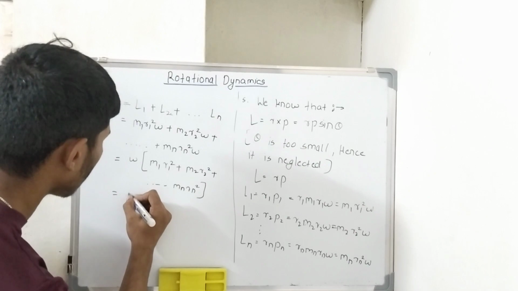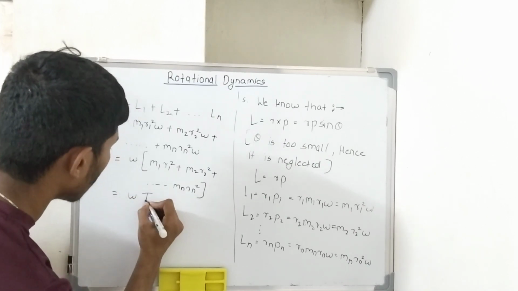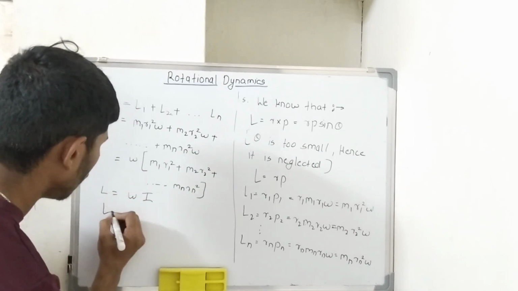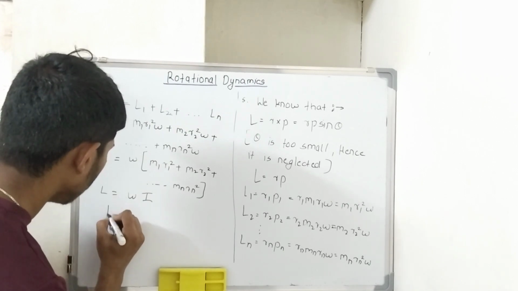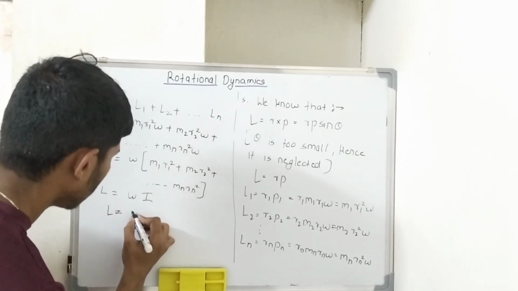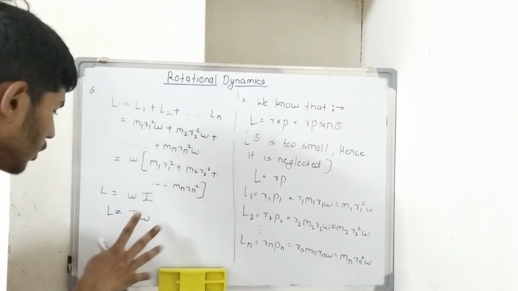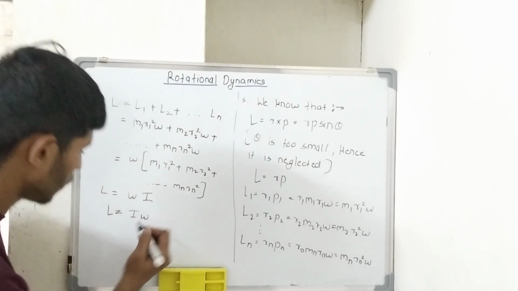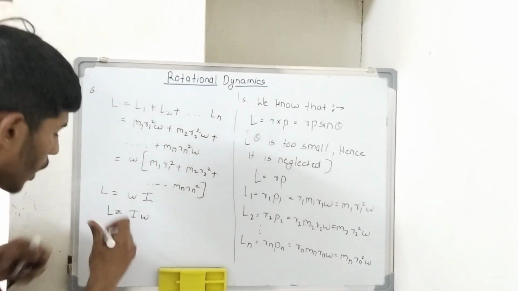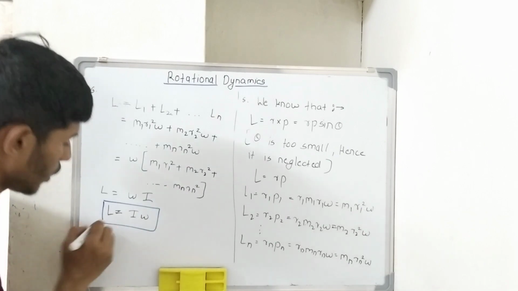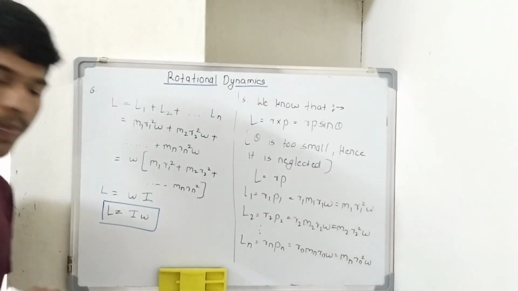So we have to just put down the value, that is I, moment of inertia. We got our final value for the angular momentum, that is L is equal to I omega. So this is basically the magnitude of angular momentum, L is equal to I omega.